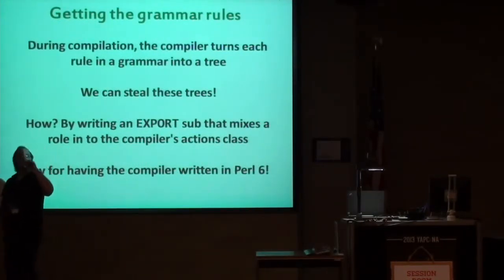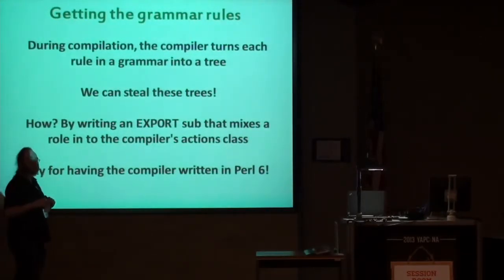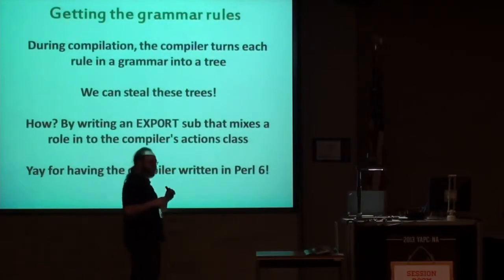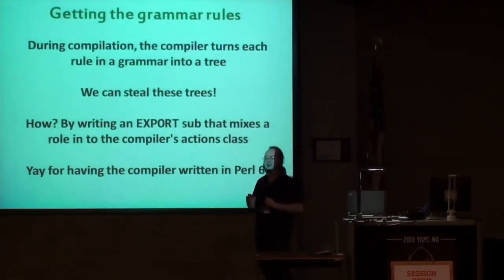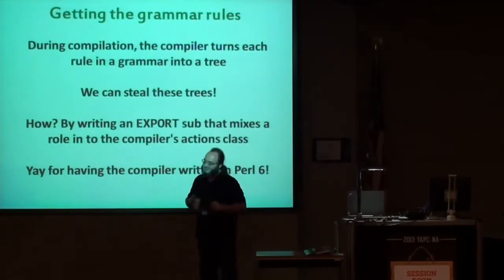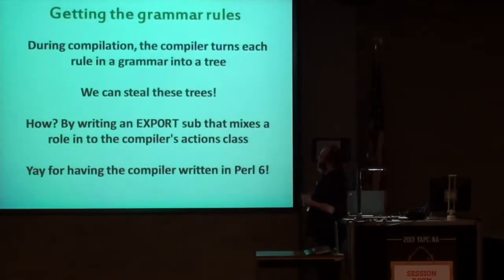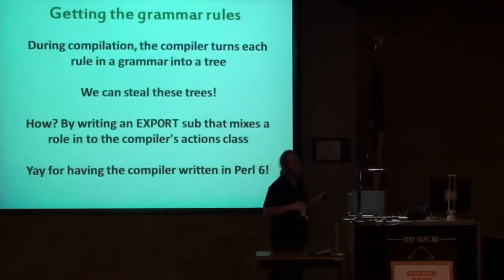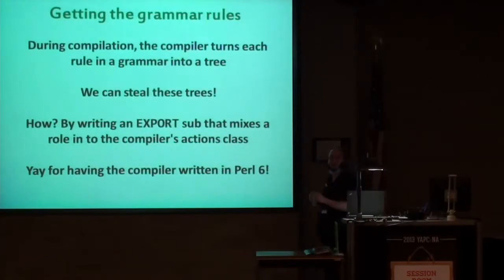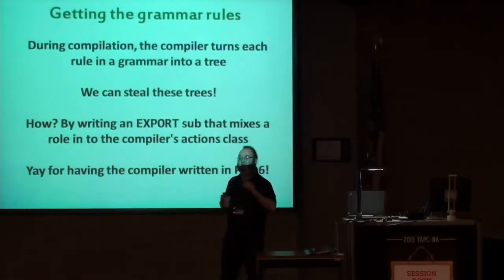So each thing, say the literals, the quantifiers, the rule calls, they all turn into nodes in some representation of the regex. So what if we steal that? What if we find a way to steal those trees? That means we don't have to parse the regexes. We can just let the Perl 6 compiler parse them, steal the AST, and then use it to do the generation.